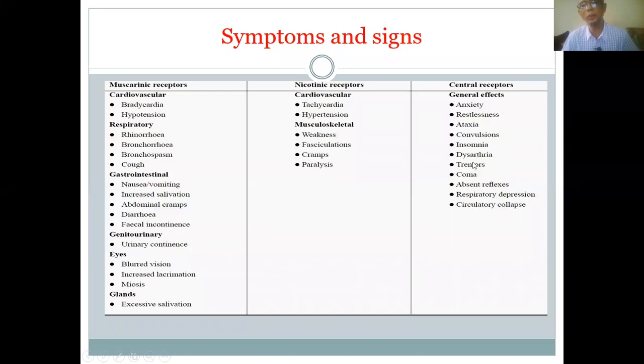Among these, the patient may come to you with features of coma, and the patient may become very restless. There may be some twitching and convulsion can occur. And ultimately, there may be respiratory depression as well as circulatory collapse due to this CNS effect.